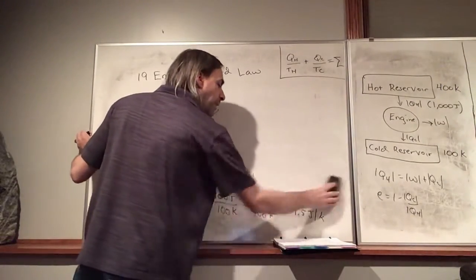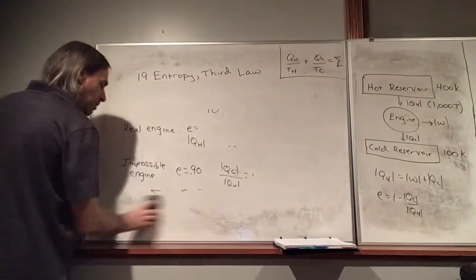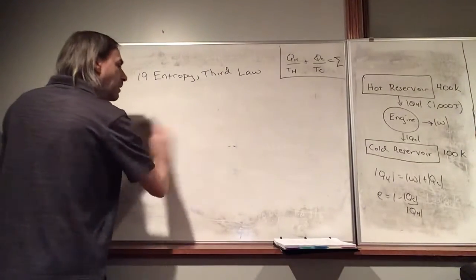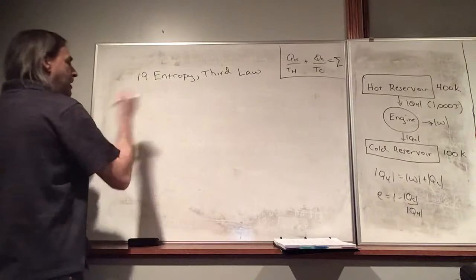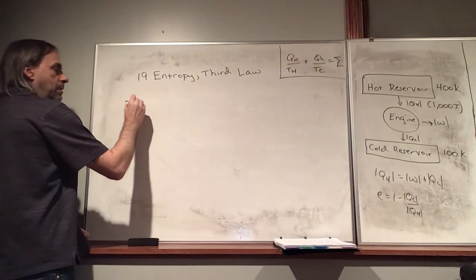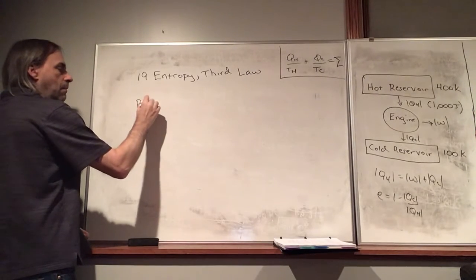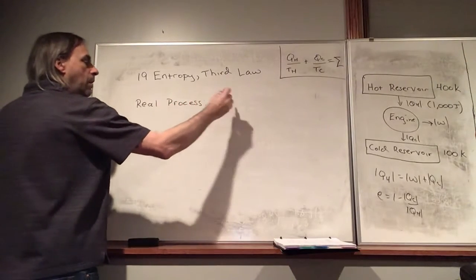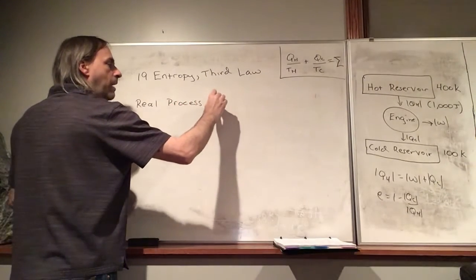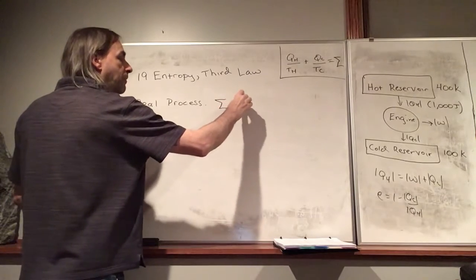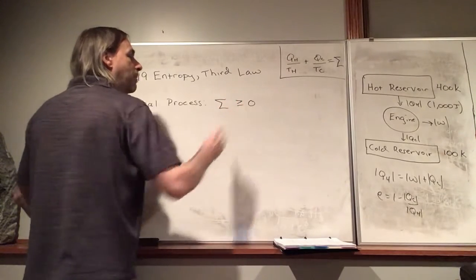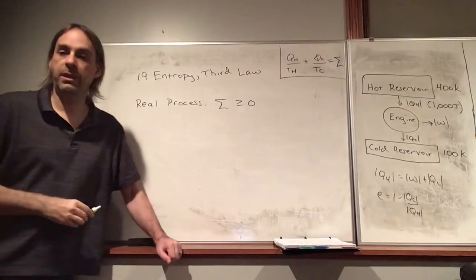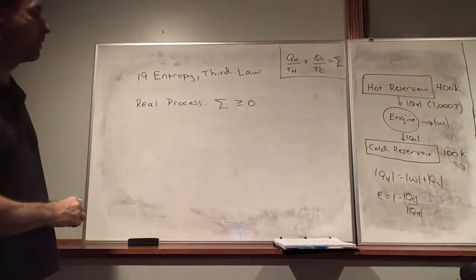Those numbers, I think, just make things easier to see. But basically, for any real process, what we're right now just calling sigma has got to be greater than or equal to 0. It can never be less than 0.